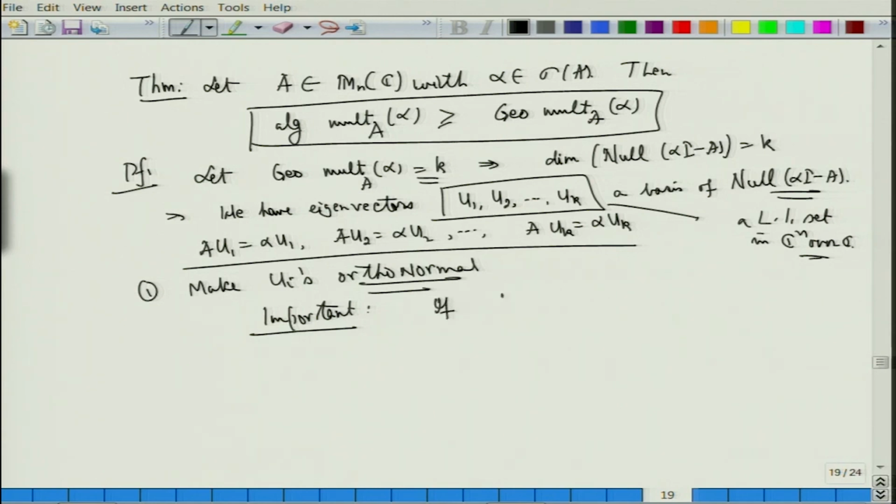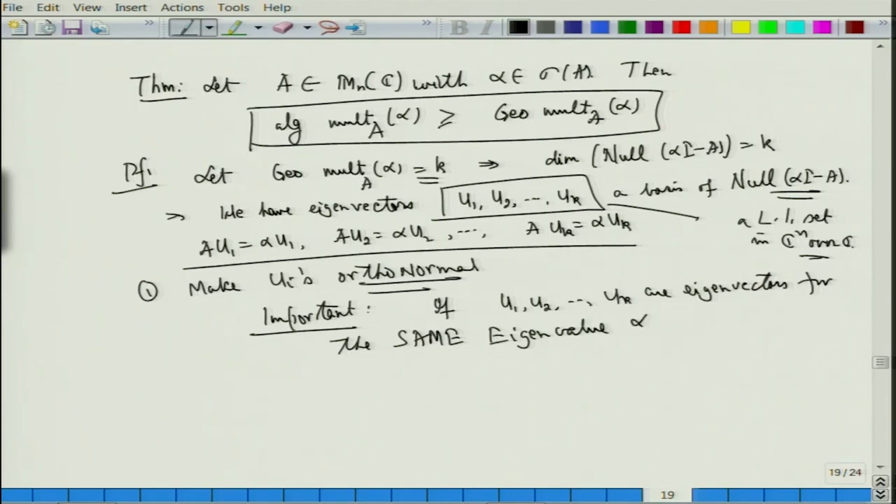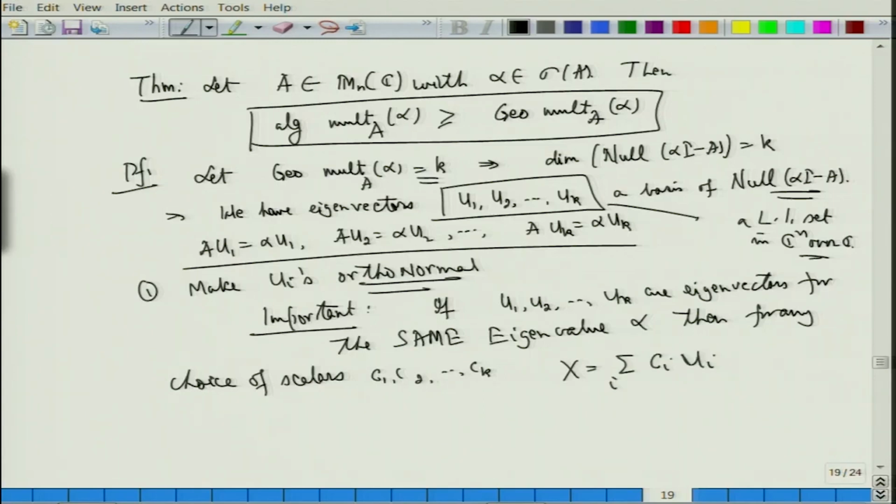So if u1, u2, up to uk are eigenvectors for the same eigenvalue alpha, then for any choice of scalars c1, c2, up to ck, this vector x, which is the summation of ci ui, i equal to 1 to k, with x not equal to 0, is also an eigenvector for alpha.